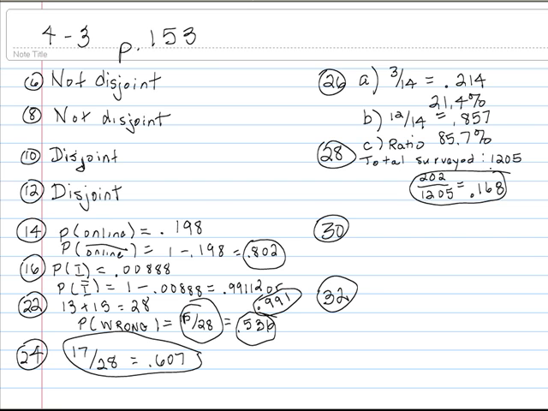Okay, I'm getting 358 out of 1205. So I divide that out on my calculator and I'm getting 0.297.